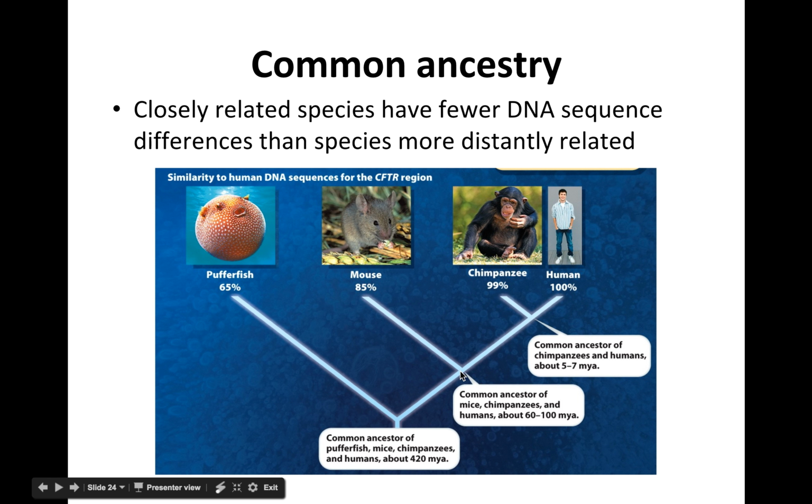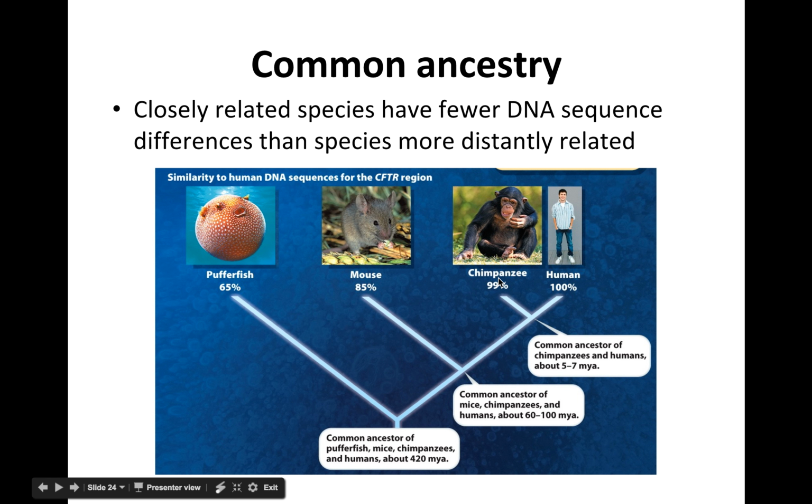As we go down this, called a cladogram, down here we share a common ancestor with mice, and down here we share a common ancestor with pufferfish. But as you can see, pufferfish have 65% of our DNA sequence. Mice have 85% of our DNA sequence.